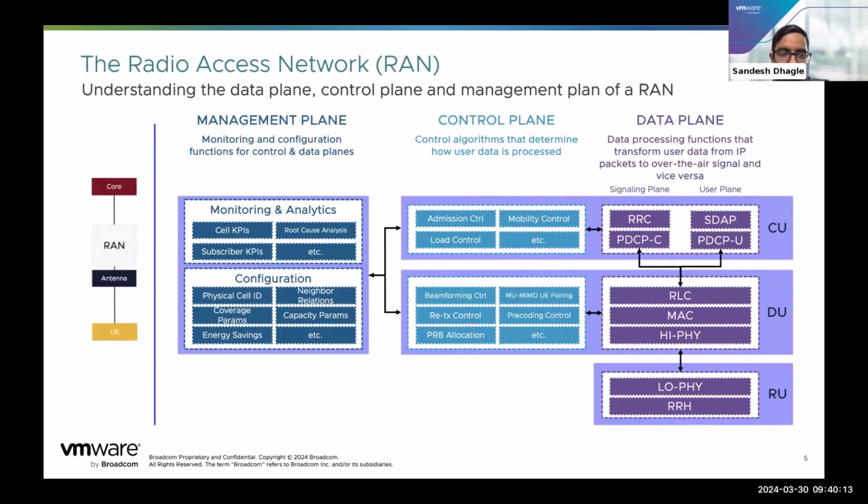So suppose a CSP finds out that vendor A's admission control algorithm is better than vendor B's admission control algorithm, there was no way you could change that, or replace it to have vendor A's algorithm in all of them, because it used to be a tightly coupled system.